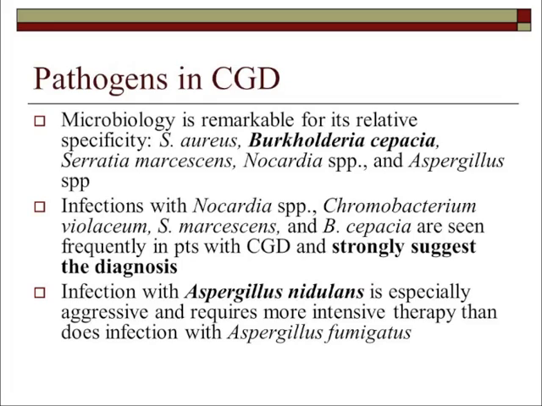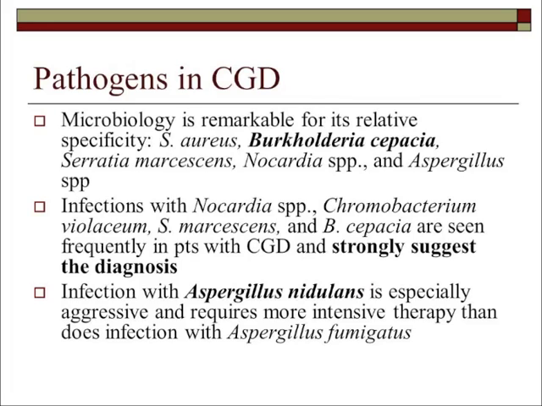The interesting thing about CGD is that it has a really specific array of organisms that are pathognomonic for CGD. I'll give you some of the scenarios, but a lot of Staph aureus, going to be Staph aureus in places where you wouldn't think Staph aureus should be. If you see a Burkholderia cepacia bacteremia in an otherwise normal patient, you have to be thinking CGD.